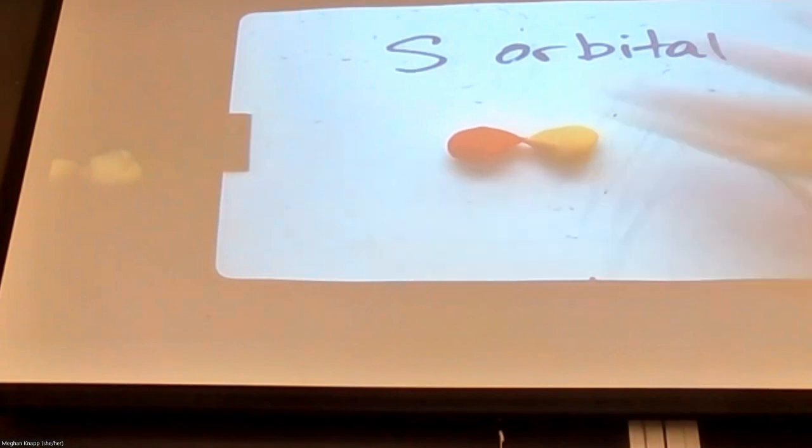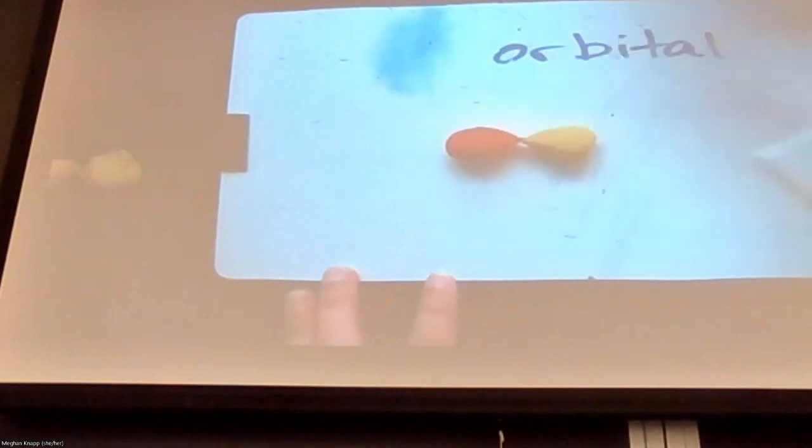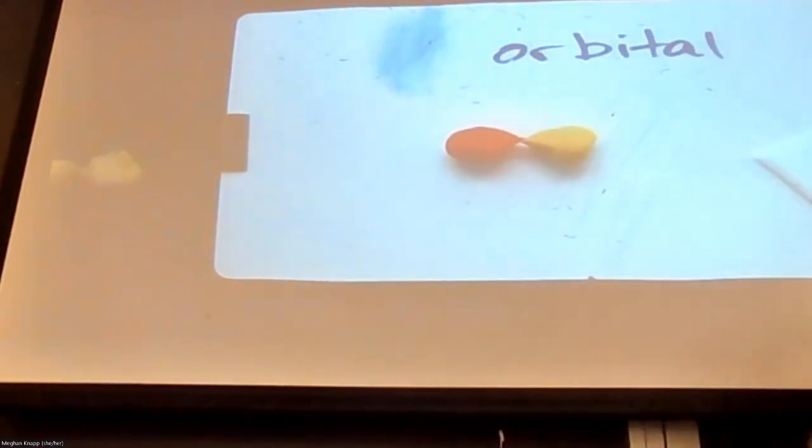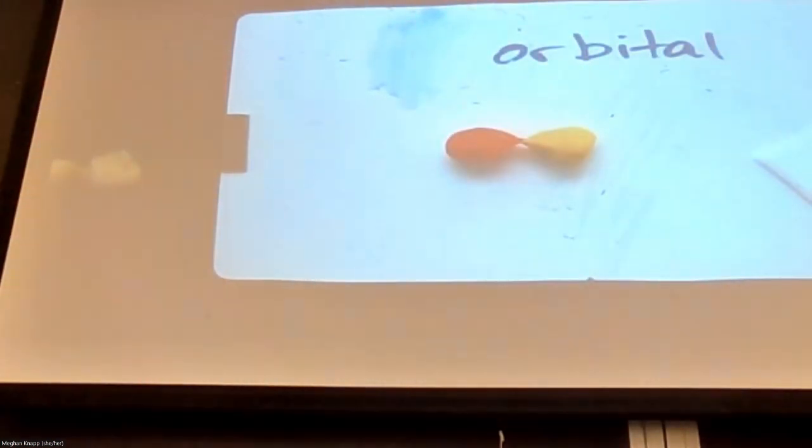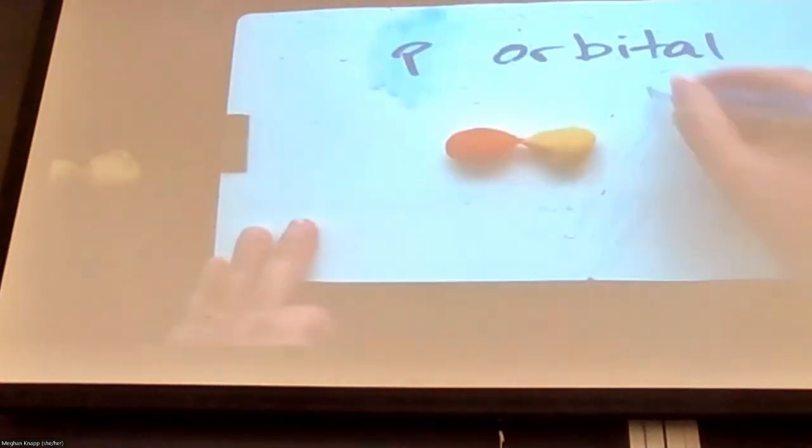Okay, so now this is no longer an s orbital. I'm going to change my board. And I've now made a p orbital. And this has one node.